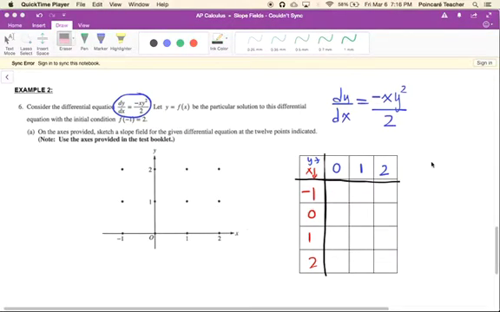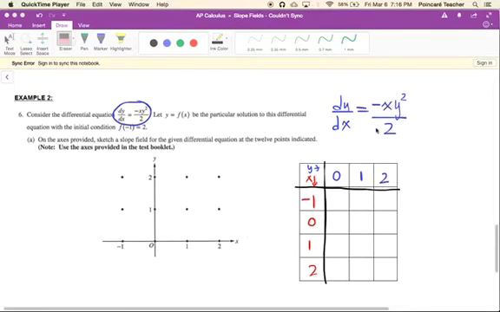Now for example 2, I'm trying to figure out some useful relationships that will help me fill in the table a little quicker. So I'm looking at this equation here, and again, we're running into a fraction. But this time the denominator is 2, so I won't have to worry about getting undefined or anything because the denominator is always going to be 2.